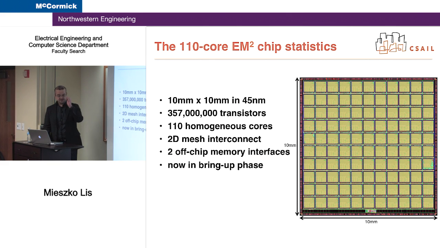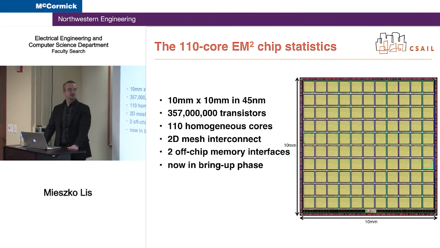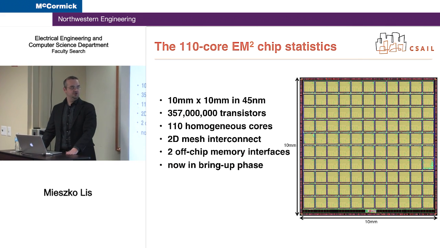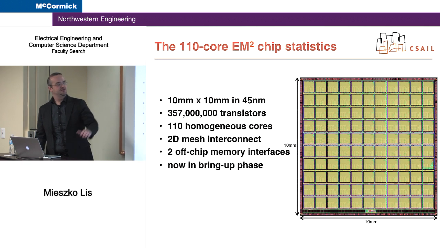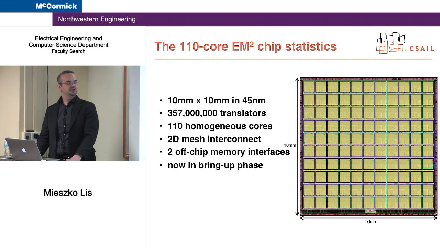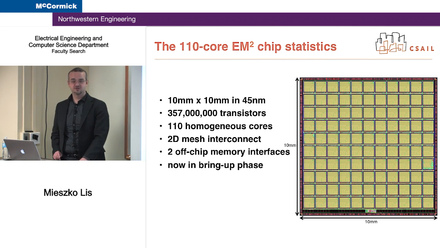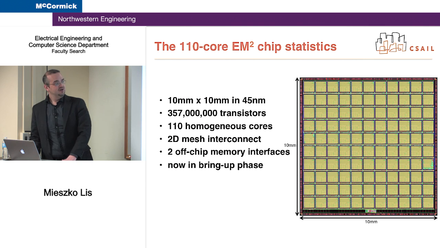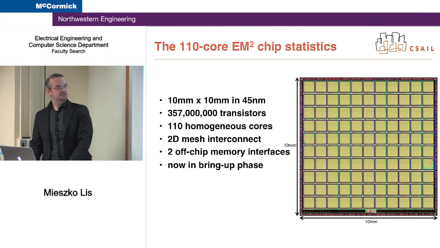So the chip itself is 1 square centimeter. It's in 45 nanometer technology. It's not the absolute cutting edge. I guess that would be 22 nanometers. So maybe it's 2 generations back, but I think it's still pretty challenging. It has 357 billion transistors, roughly speaking, which is basically average density for a chip of this size these days in this technology.